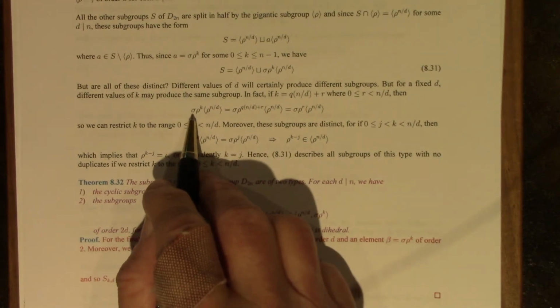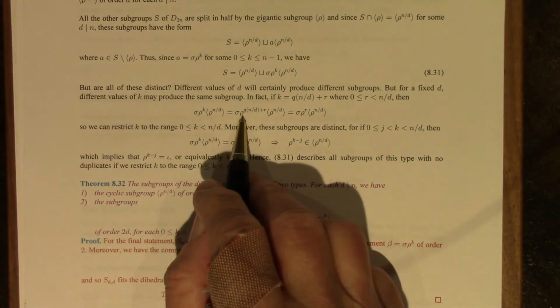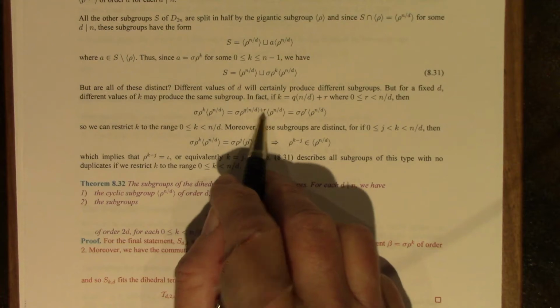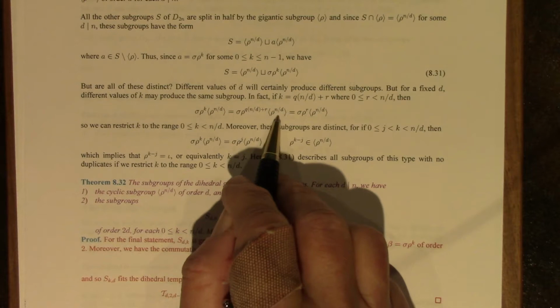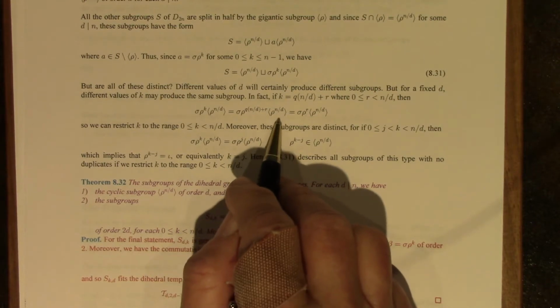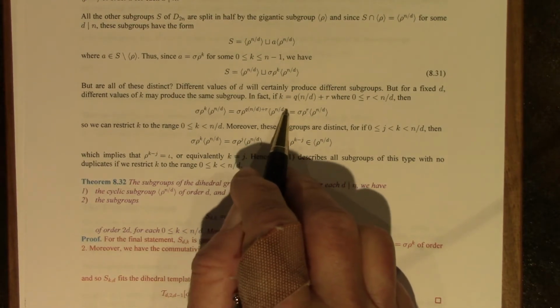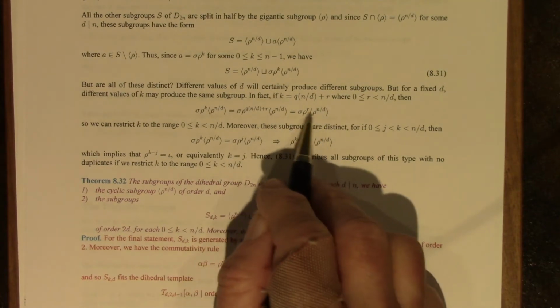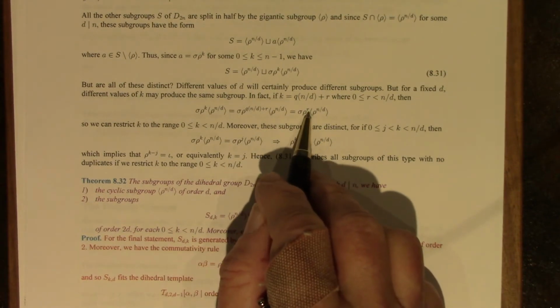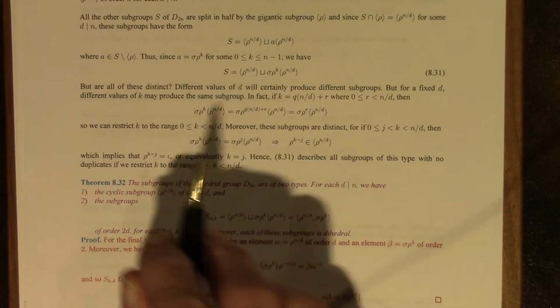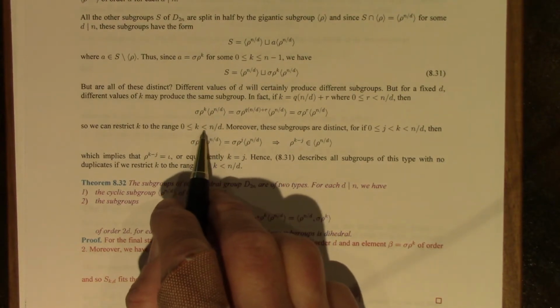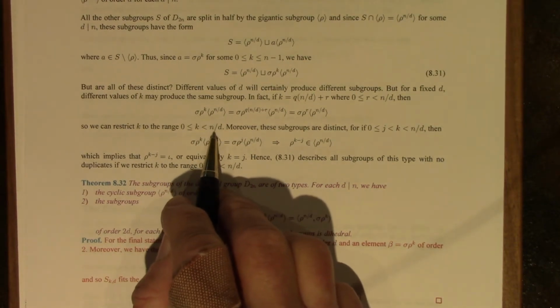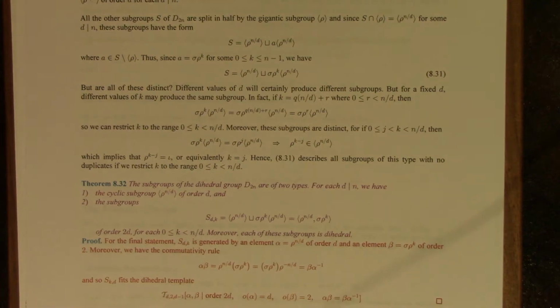Then if we replace rho to the k by rho to the qn over d plus r, rho to the qn over d gets absorbed. It's an element of this subgroup generated by rho to the n over d, so this reduces to rho to the r. So we can restrict k to the range of the remainder here, 0 to less than n over d, without losing any subgroups.